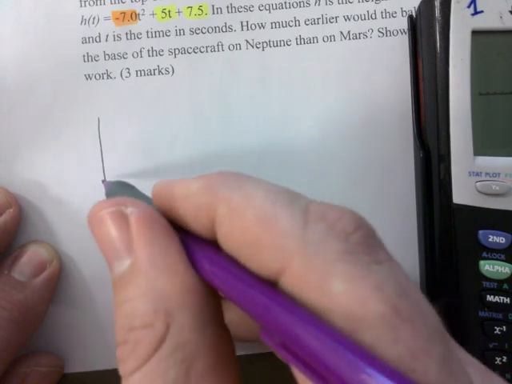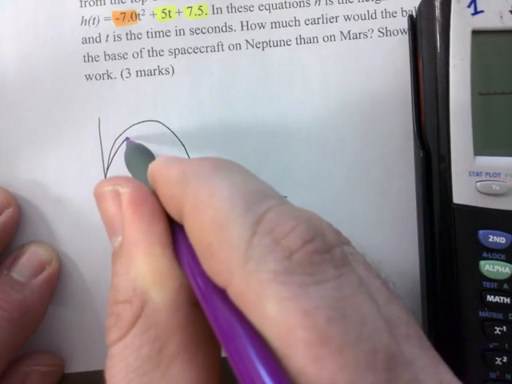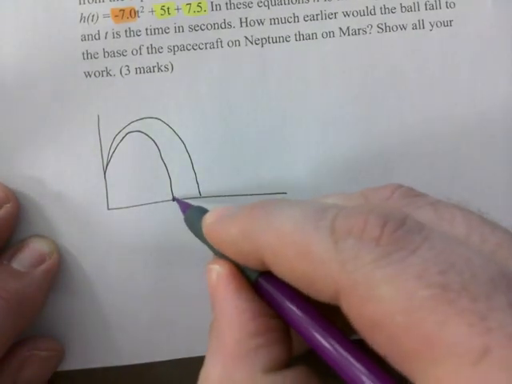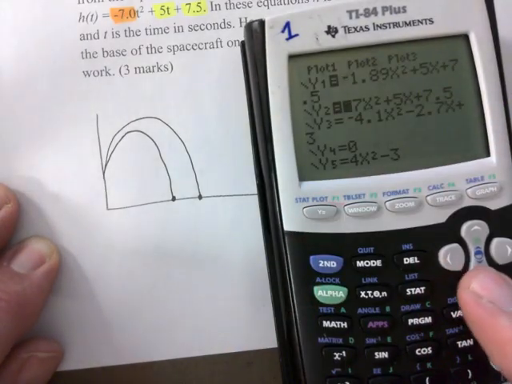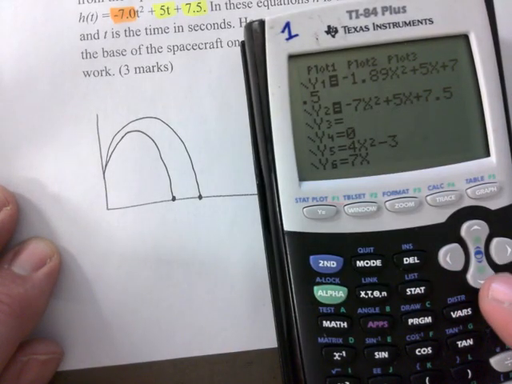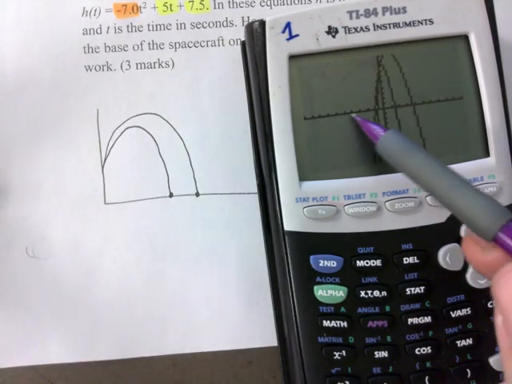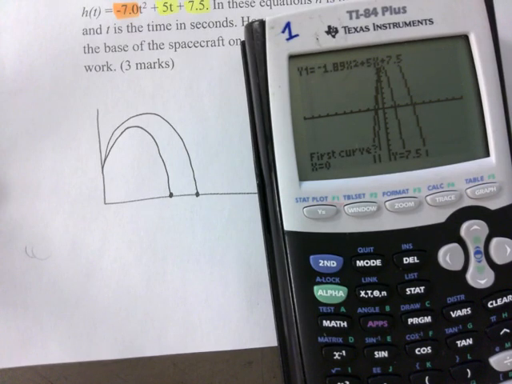So they're both off of 7.5, like this is one, and then the other one is like this, right? So when you find both intersections, which you will get by, let me just clear everything else here. I'm going to make y3 equal to 0, graph this line, then you go find the intersection.